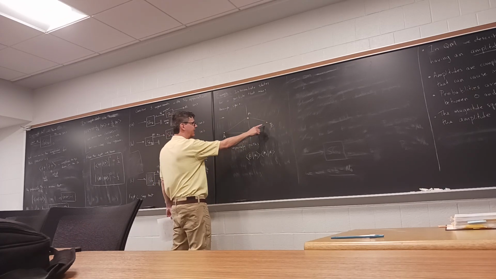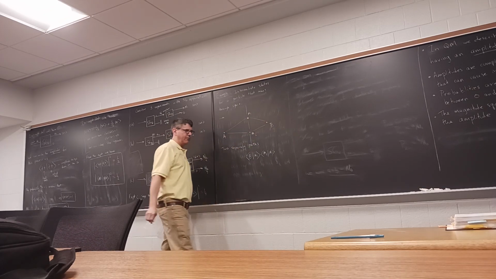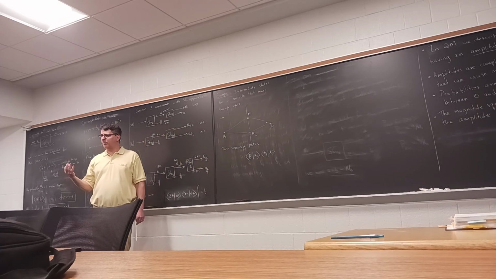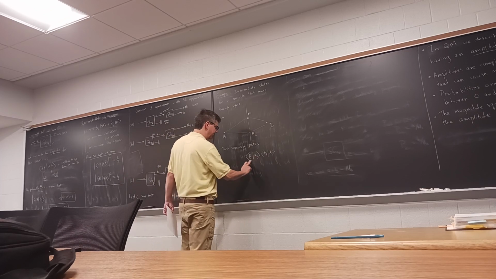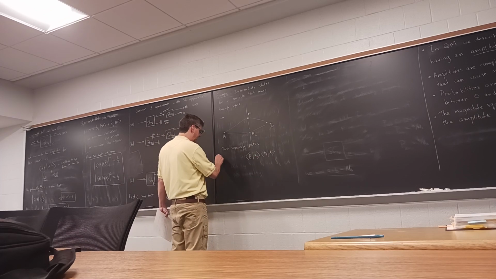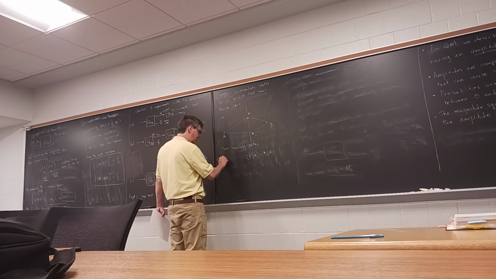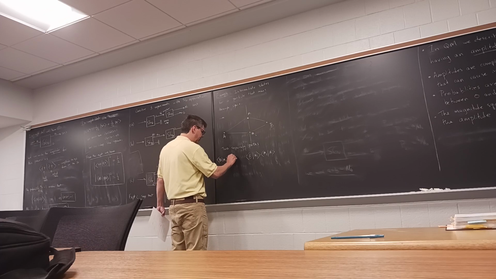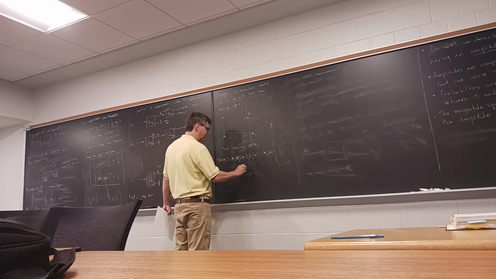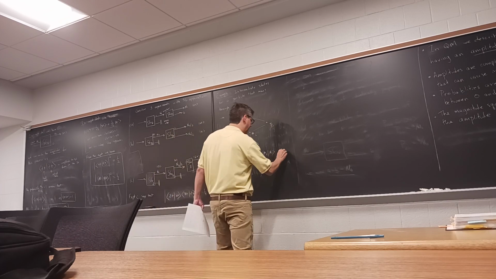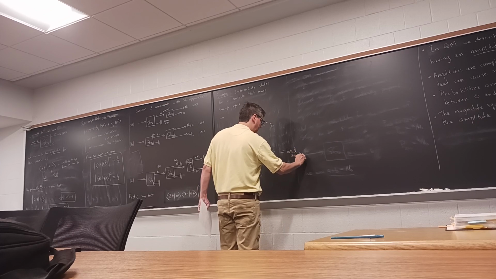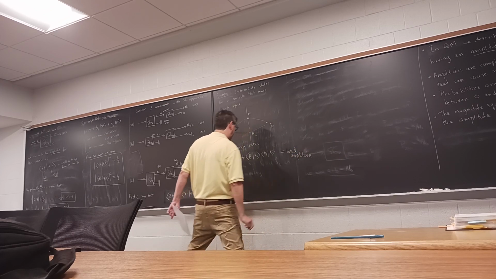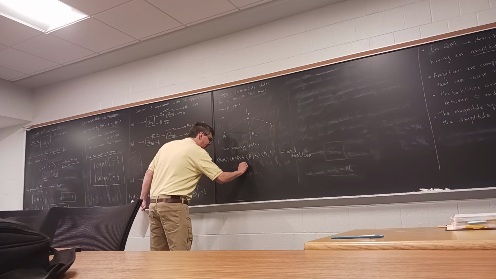But the rule in quantum mechanics is if there's more than one possible process, you have to add them at the amplitude stage. So that means we'll have the second process with M2 added to the first process. So this is the total amplitude.